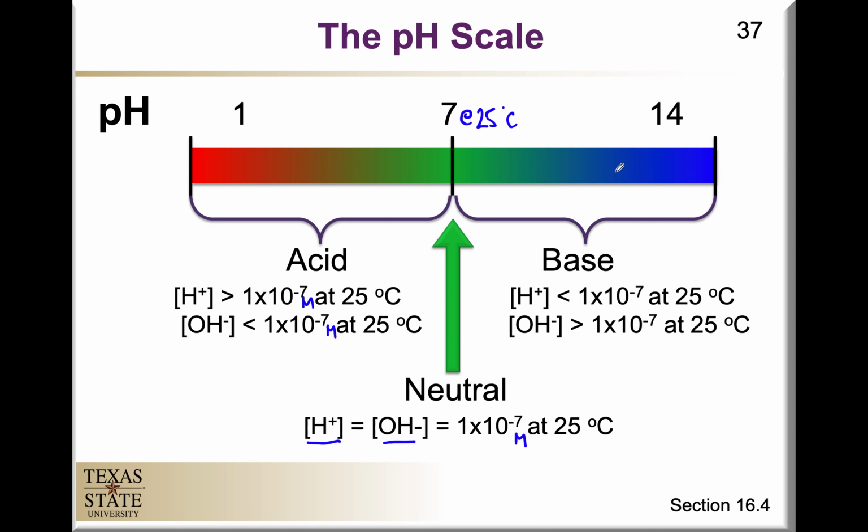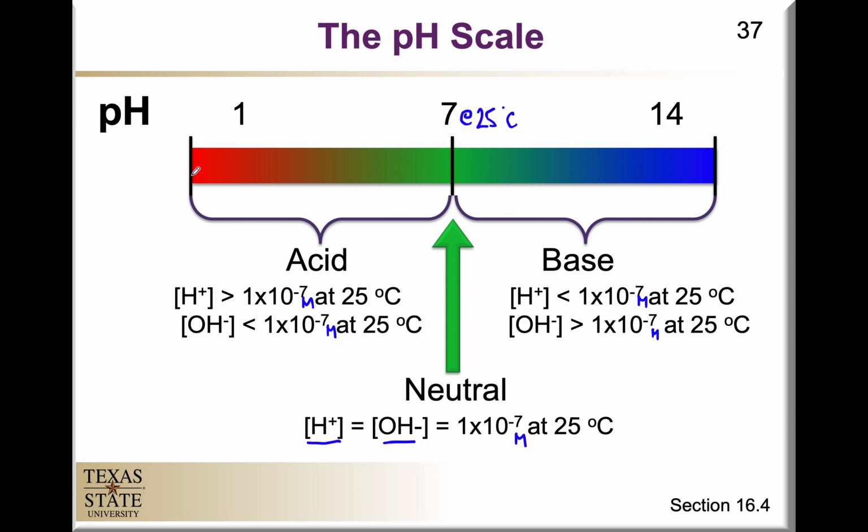On the other hand, a basic solution is going to have a pH that is greater than 7, and it is one in which the hydrogen ion concentration is less than 1 times 10 to the negative 7 molar at this temperature, and the hydroxide ion concentration is greater than 1 times 10 to the negative 7 molar at this temperature.